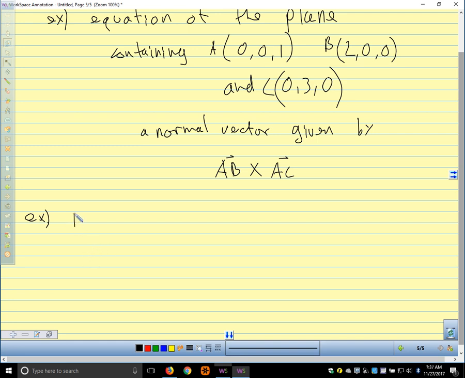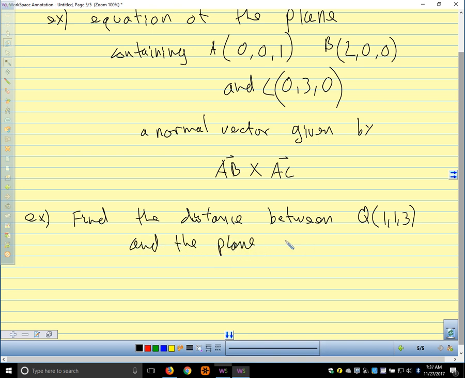But find the distance between point Q, which is (1, 1, 3), and the plane 3x + 2y + 6z = 6.